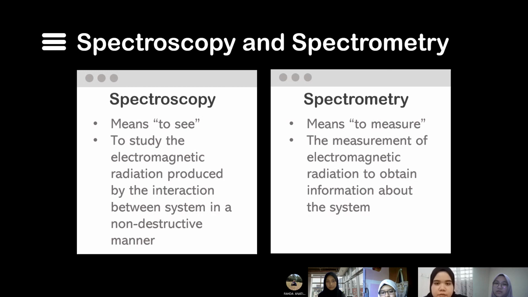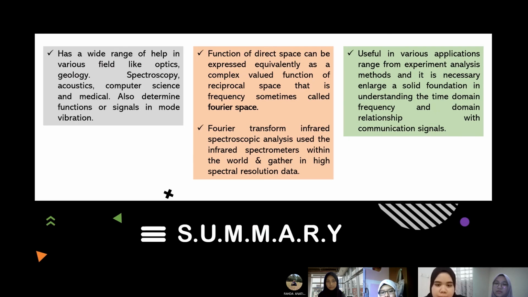Next, for the summary, Fourier transform has a wide range of help in various fields like optics, geology, spectroscopy, computer science, and medicine. It also determines functions of signals in mode variation. A function of direct space can be expressed as a complex value function of reciprocal space, that is frequency, sometimes called Fourier space.